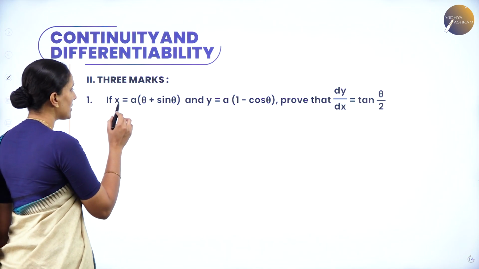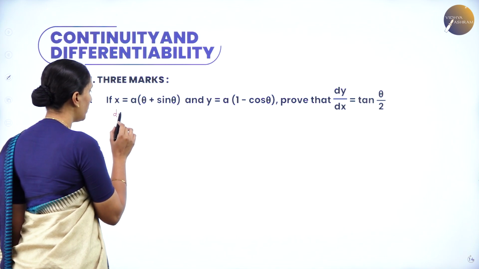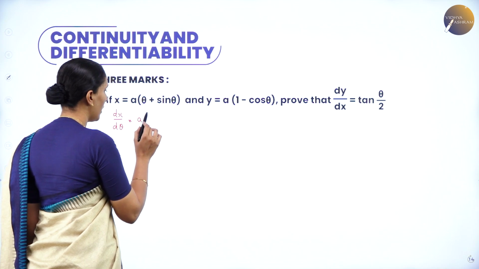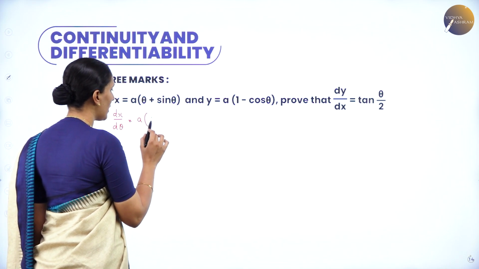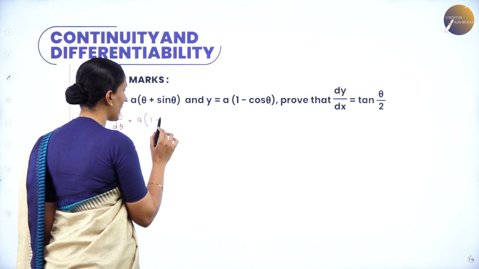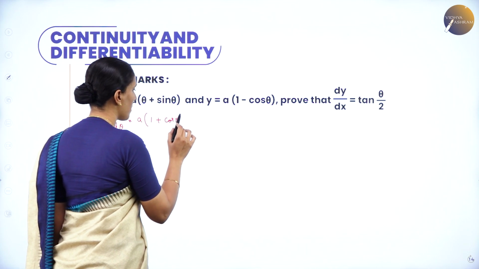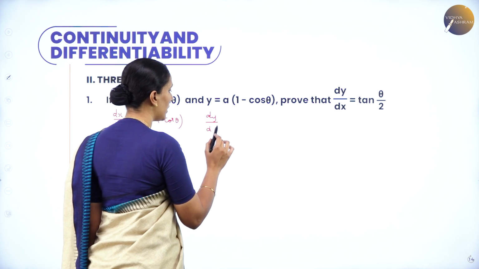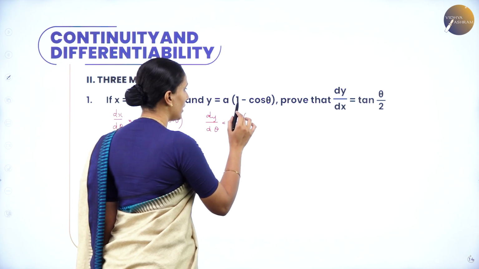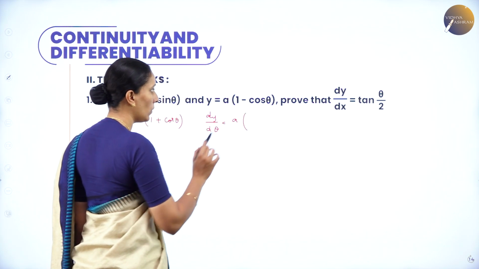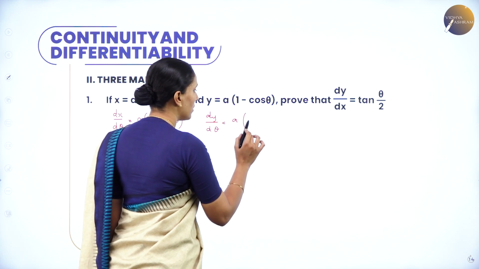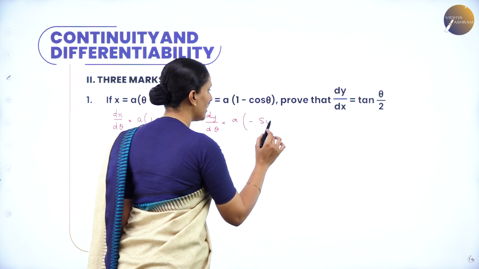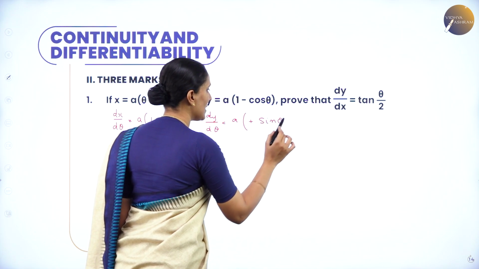So here let's differentiate x with respect to theta. So dx by d theta is a(1 plus cos theta), since the derivative of theta with respect to theta is 1, and the derivative of sin theta is cos theta. Similarly we will differentiate y with respect to theta. So we have a, derivative of 1 is 0, minus the derivative of cos theta, which is minus sin theta, so it becomes plus sin theta.